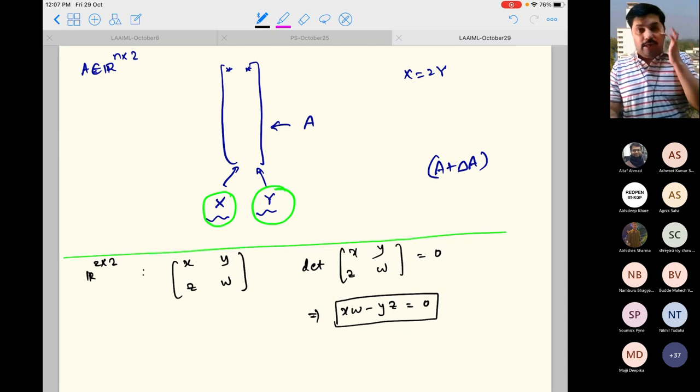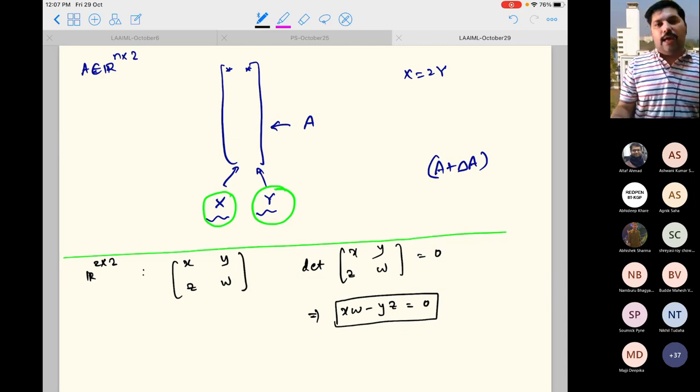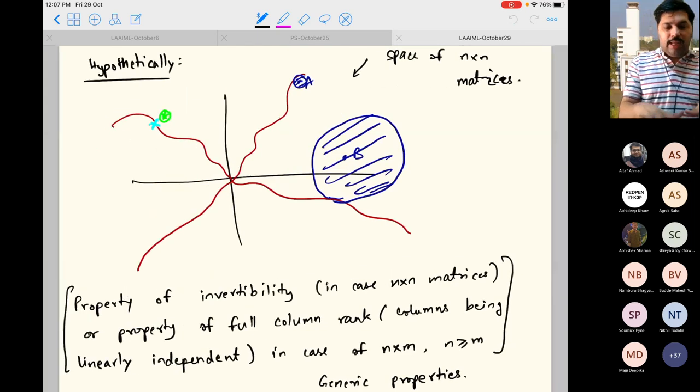Okay, so I hope you understand why this question of asking what is the nearest low rank matrix is very important. It is important because you want to decide with respect to these two red lines, for example, where you are in this set of all invertible or all full rank matrices, right?